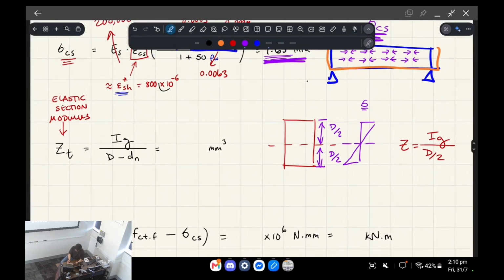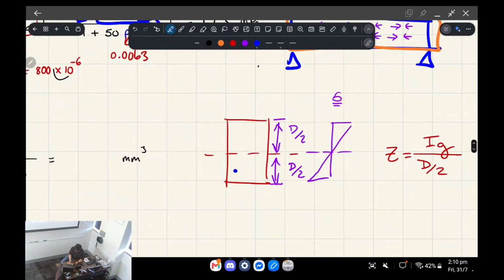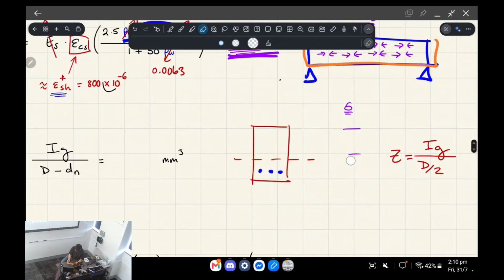However, what happens for us, for an uncracked section, is that our neutral axis is shifted slightly towards the tensile steel, and then we're no longer located at d on 2. It's going to look something more like this, okay?